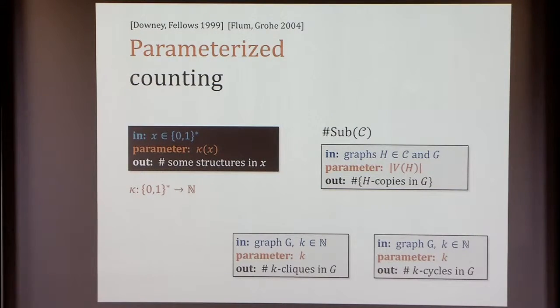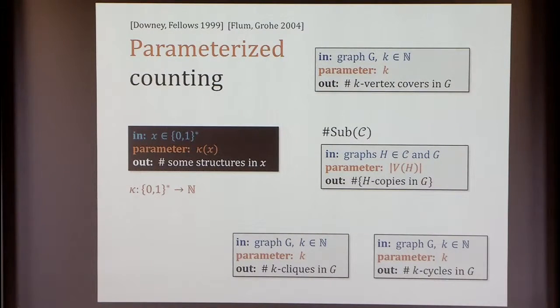Special cases of this problem would be counting k-cliques on parameter k, counting k-cycles on parameter k. So k-cliques is supposed to mean cliques of size k. But there is also a problem which is not a subgraph counting problem, and that's, given a graph and a number k, which is the parameter, output the number of k-vertex covers in your graph G.